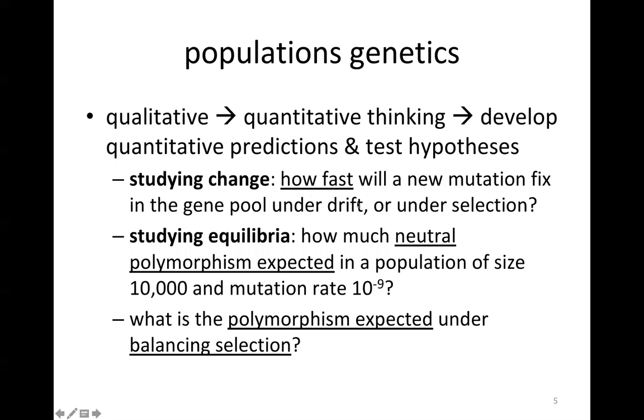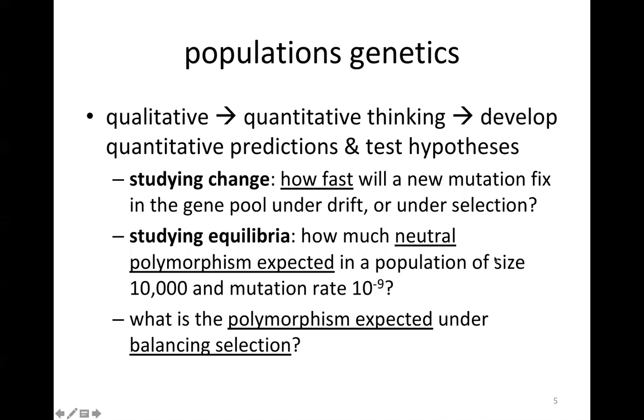So, for instance, through these models now we can address questions like how fast a new mutation will fix in a gene pool under drift or under selection. So we can predict on average the rate of change. We can also predict conditions of equilibria.